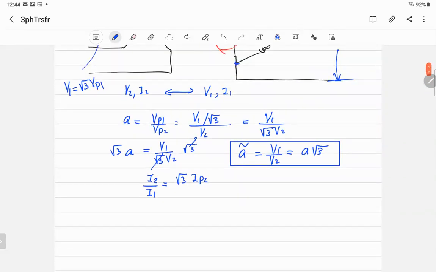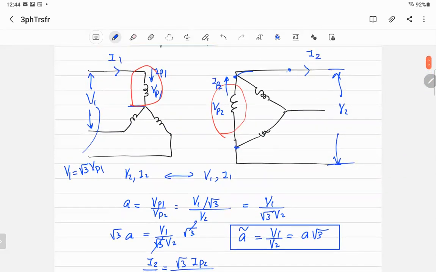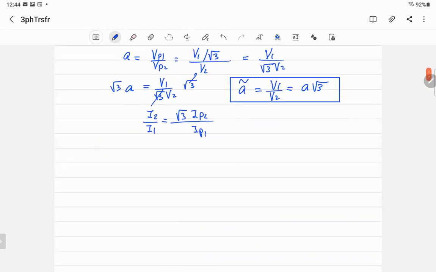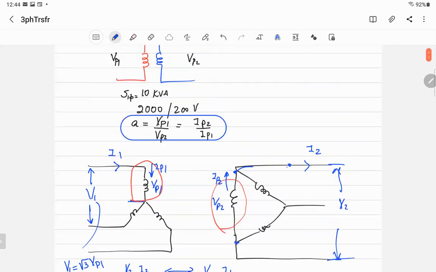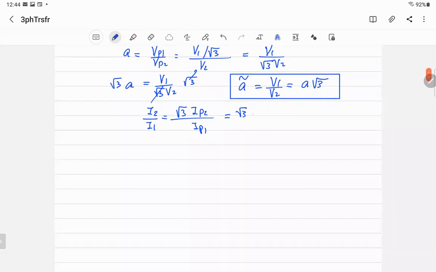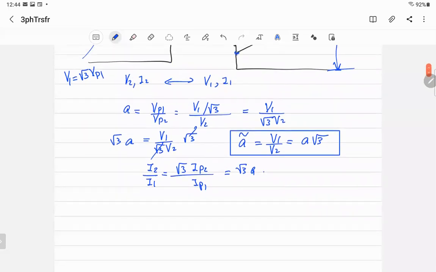Well, what about I1? I1 in star is the same as IP1. So I'll write IP1. So root 3, what's IB2 over IP1 from this equation? It's A, the turns ratio of the single phase. So just do it. Yes, I got what I expected, which is the other A. It's equal to A times root 3.